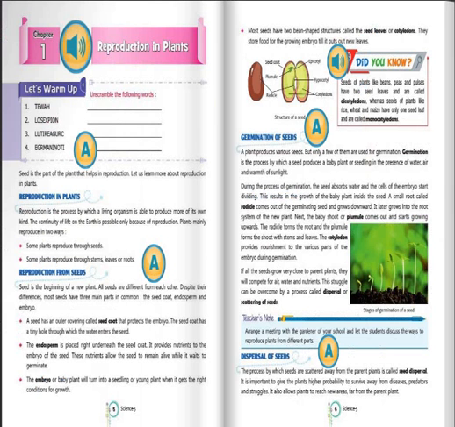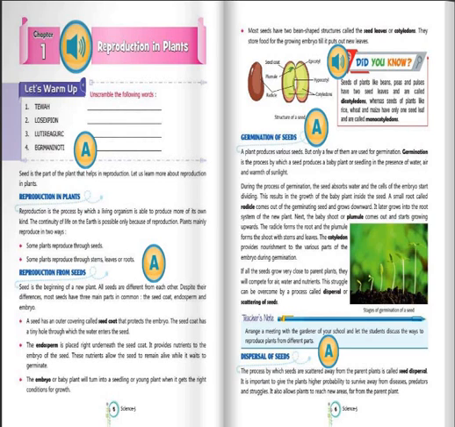Now let's learn about the germination of seeds, or how the seeds germinate. Germination of seeds is the process by which a seed produces a baby plant or seedling in the presence of right conditions such as water, air, and sunlight.